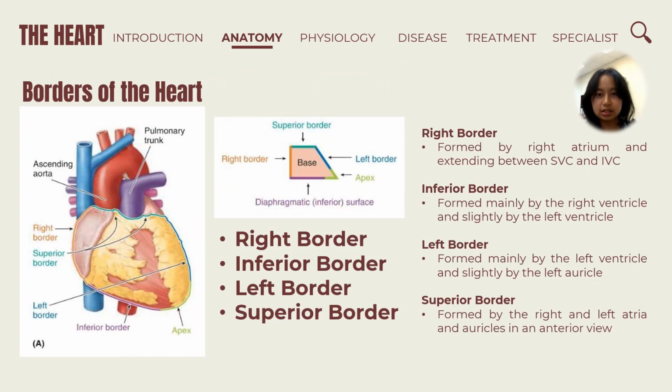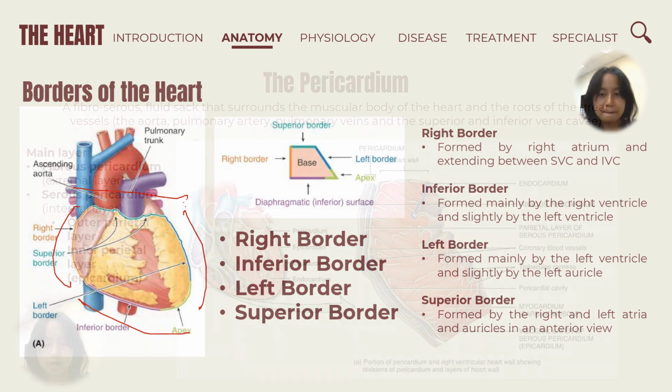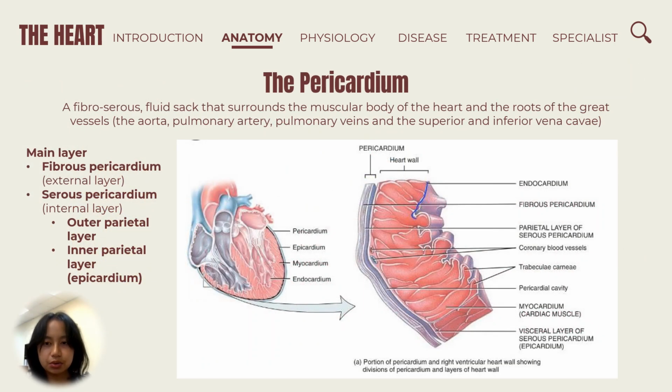Separating the surface of the heart are its borders. There are four main borders of the heart: the right border, the inferior border, the left border, and the superior border.